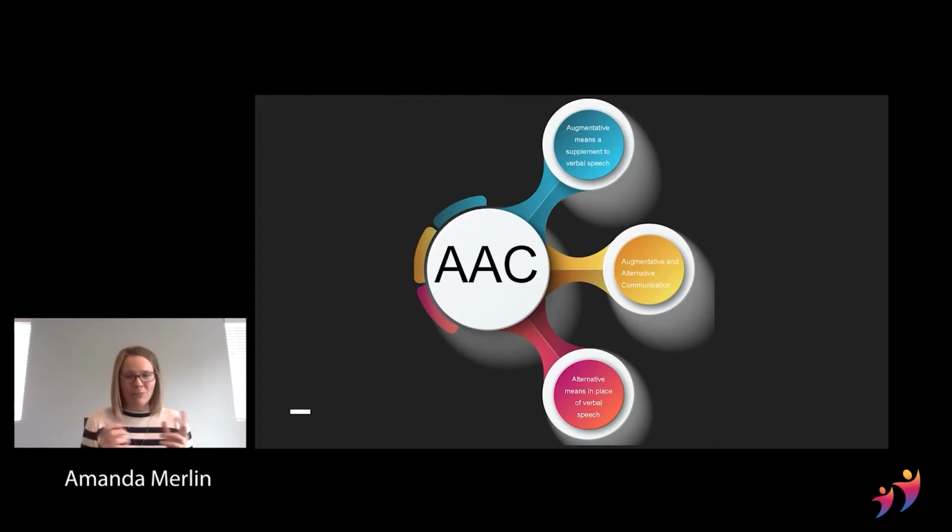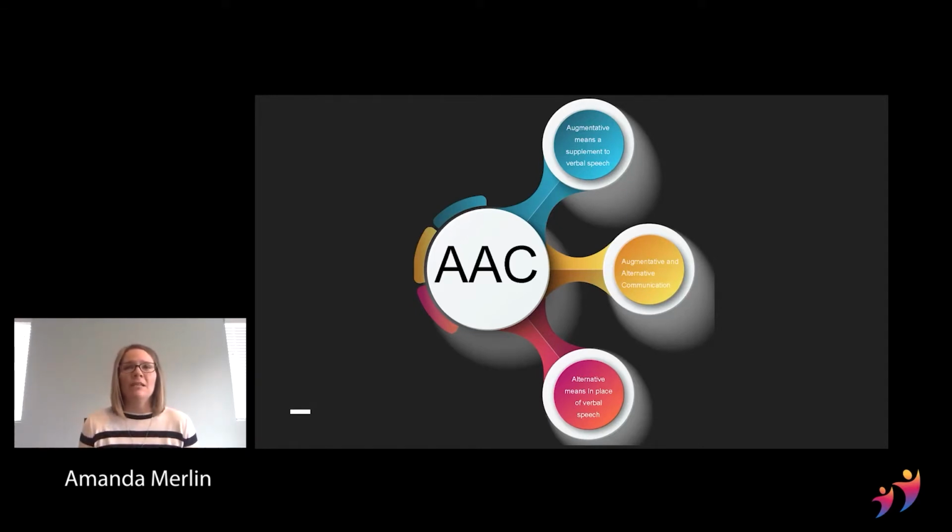So when we're using gestures, when we're pointing, anytime we're smiling, facial expressions, intonations in our vocal patterns, when we point to things on a menu, using sign language at the same time that we're using a verbal phrase. Anytime we dance at the same time that we're talking. Anytime we're supplementing our speech with something else, we're augmenting our communication.